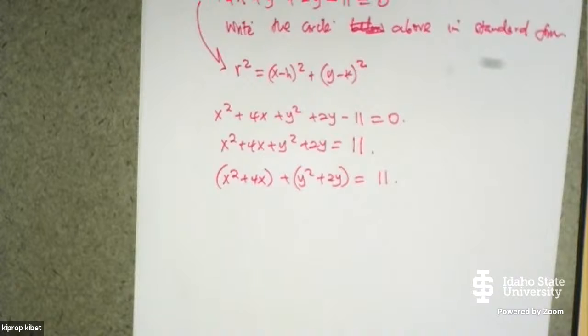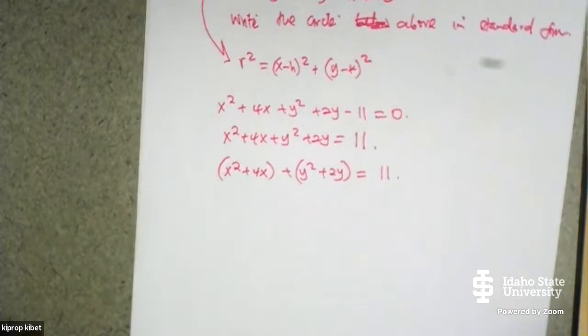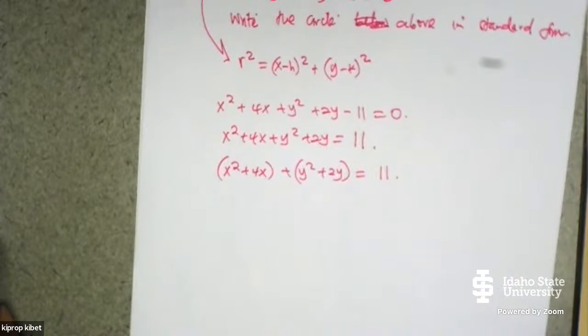Before you complete the squares, you need to make the coefficient of x square and y square all of them 1. Then you add half the coefficient of x and also half the coefficient of y, and square. What you do on one side, you do on the other side.